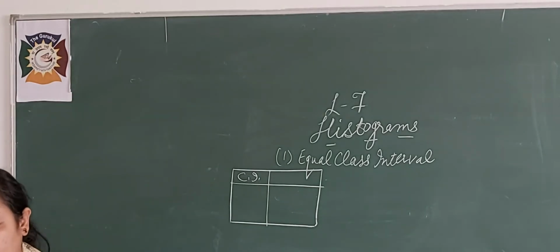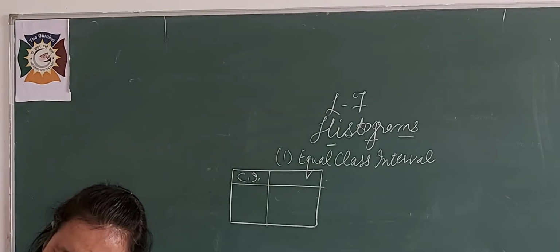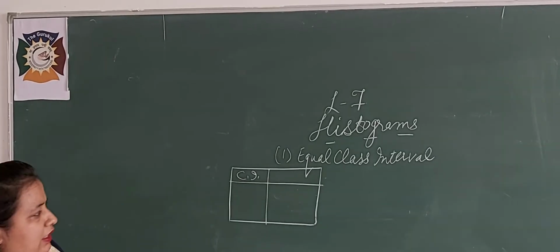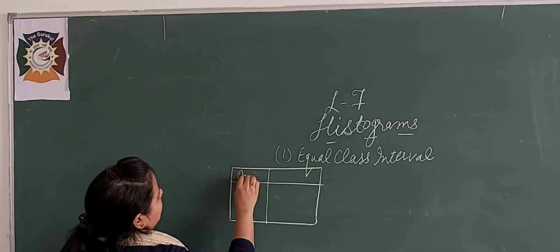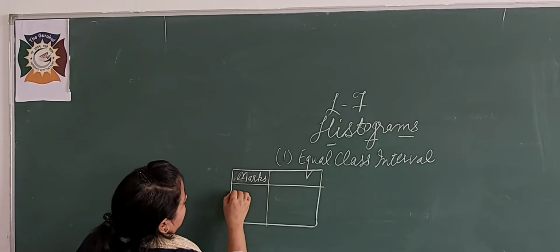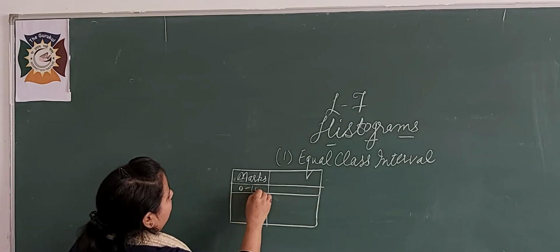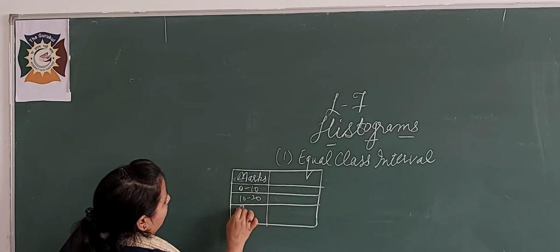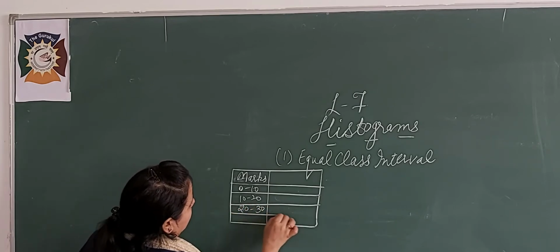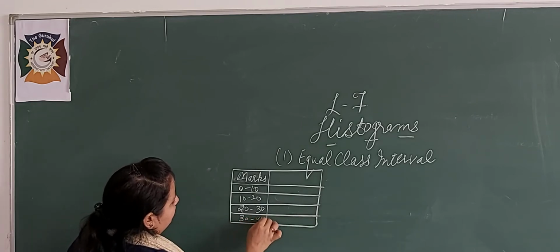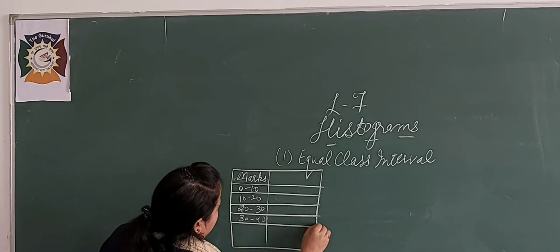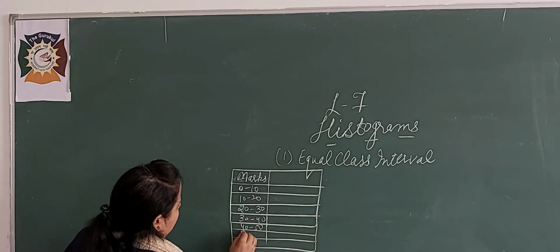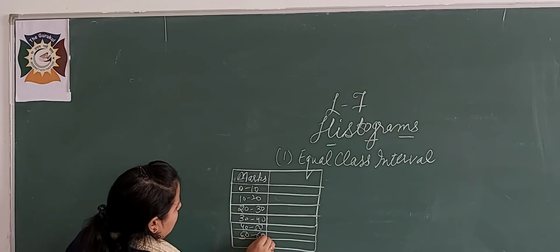Class intervals, I am taking 0 to 70. This is the marks of the students you will write: 0 to 10, 10 to 20, 20 to 30, that will be in continuation, 30 to 40, 40 to 50, 50 to 60 and 60 to 70.